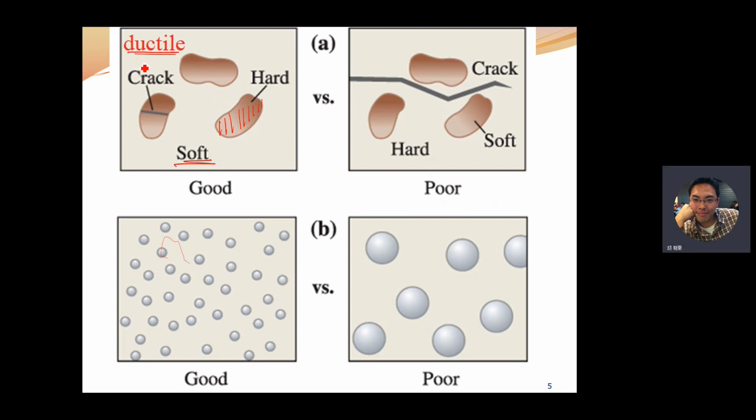If this alloy withstands stress, the crack will be initiated inside the dispersed phase first, and propagated there.